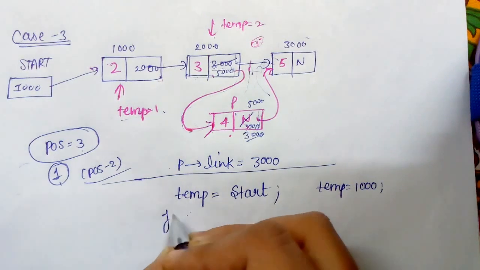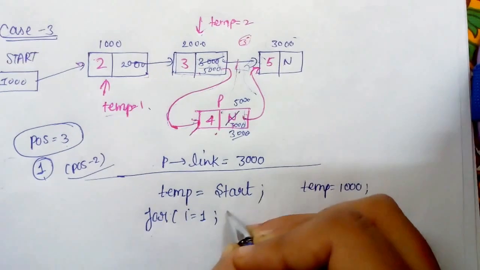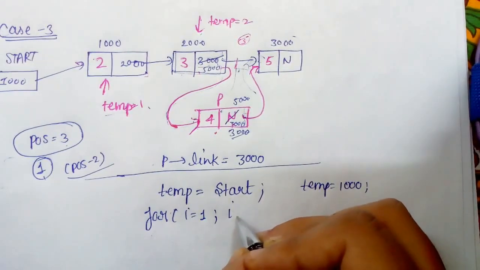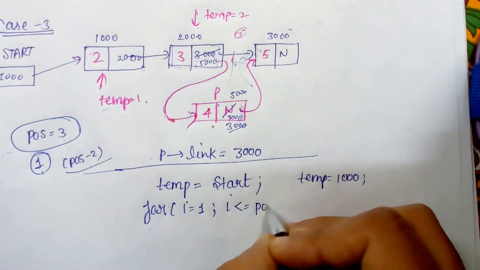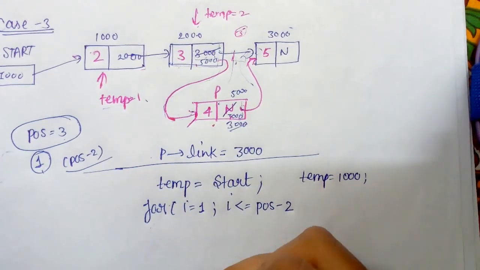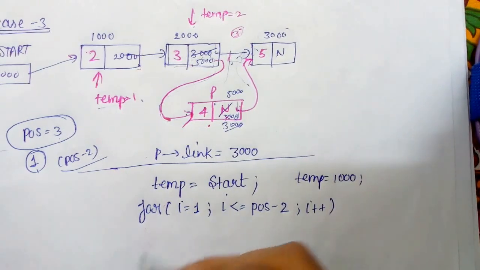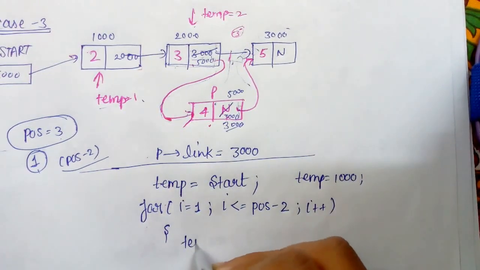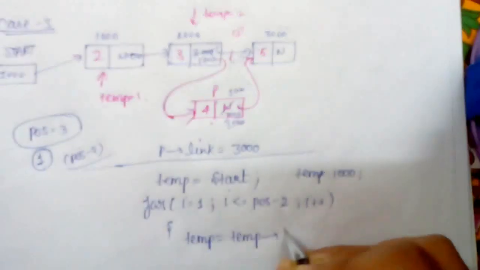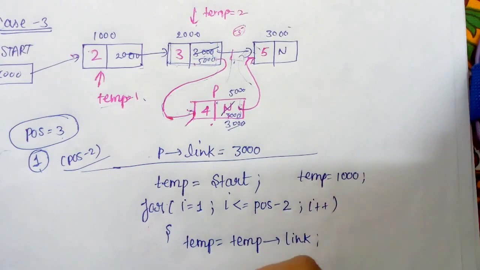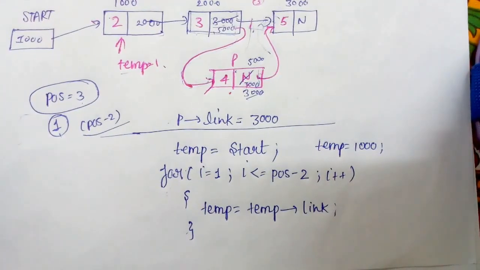So suppose I am writing a loop: for i equal to 1, i less than or equal to position minus 2, i plus plus. And for this loop, temp will be equal to temp link. Now see how I am executing.